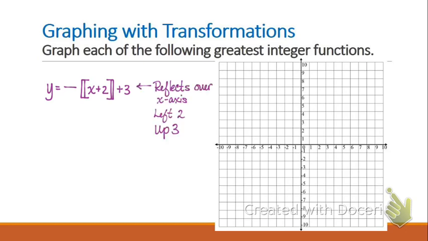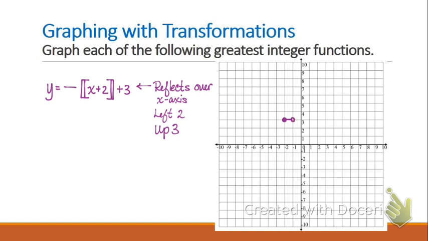All right, so what this is going to look like then, I'm still going to be rounding down, so I'm still going to have it filled in on the left and open on the right, but I'm moving to the left 2 and up 3. So here's where that first step would move to.